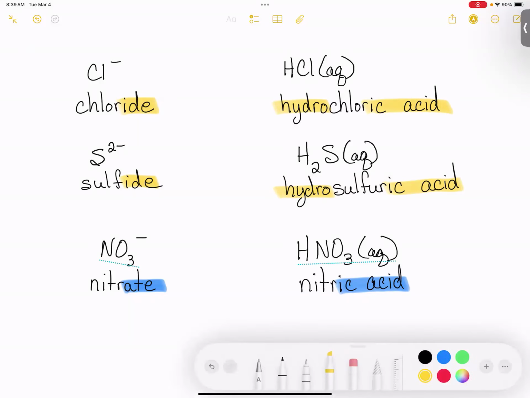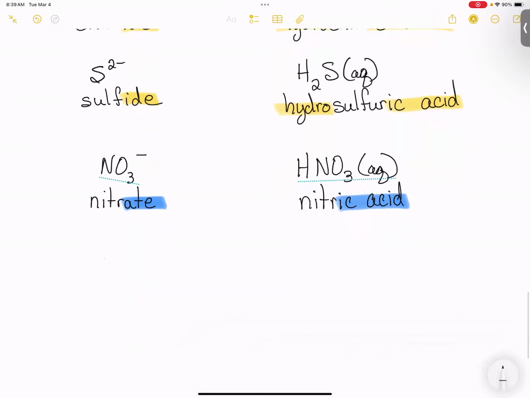If I were to give you the anion C2H3O2 minus, which is acetate, then the acid would have one hydrogen to match the charge.